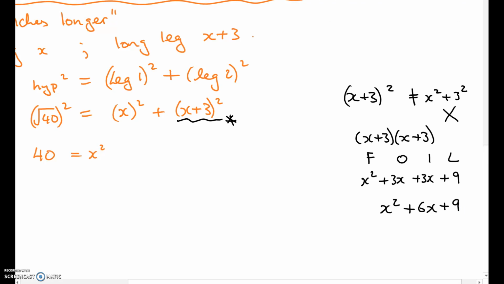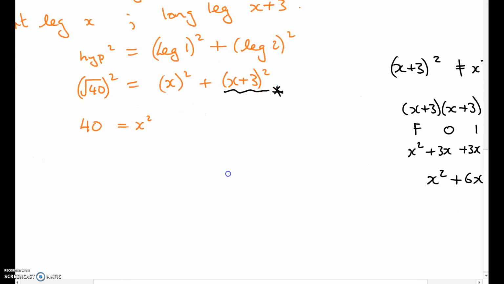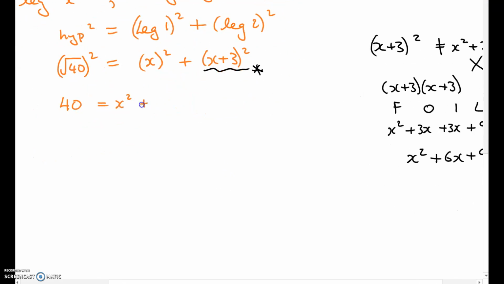Now, let's take that information back over here. We're going to get x squared plus x squared plus 6x plus 9. So we'll have 40 is equal to x squared plus x squared, which is 2x squared plus 6x plus 9. Now this is a quadratic equation that can't be solved just by taking square roots.